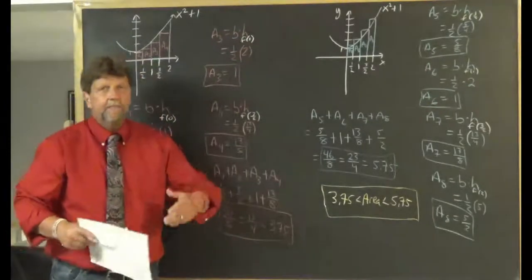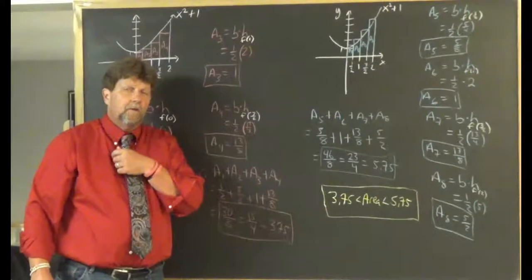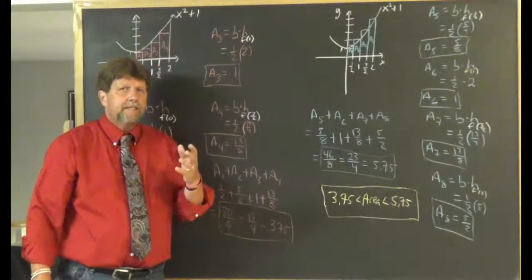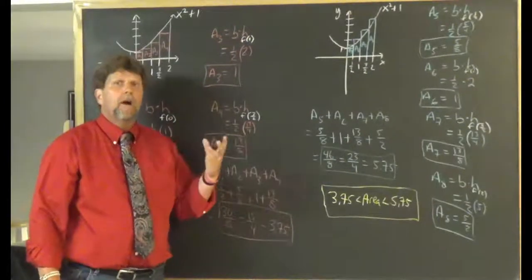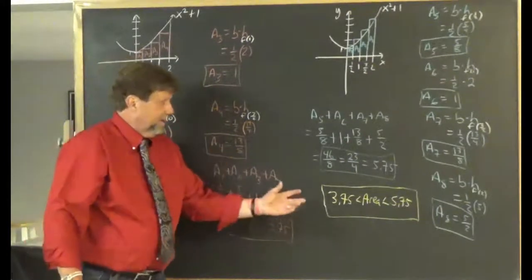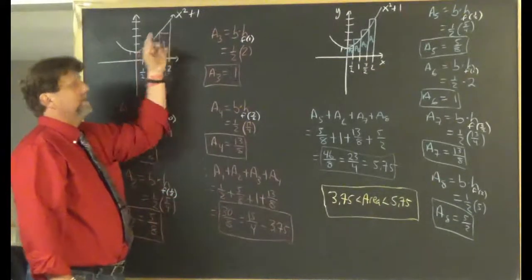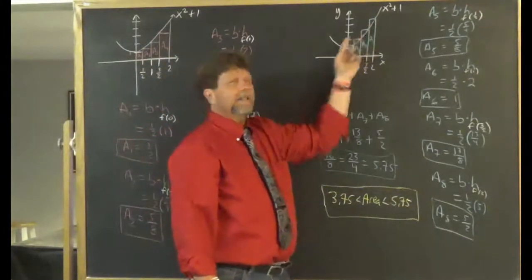Okay, I agree. That's maybe not the best approximation. And we're going to get better approximations by putting in more rectangles. You'll hear me say this again when we go back to the slides. So we put in maybe 8 rectangles or 100 rectangles. The more rectangles you put in, you're going to pick up more of that missing area, and you'll start deleting that excess area.